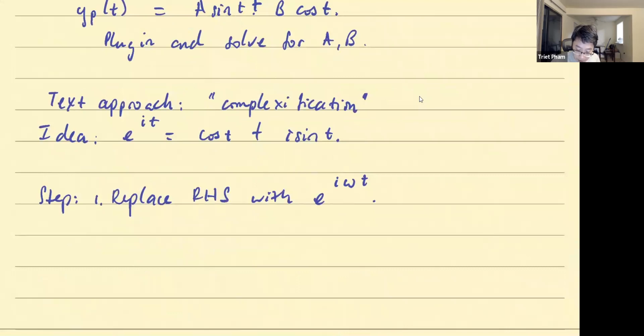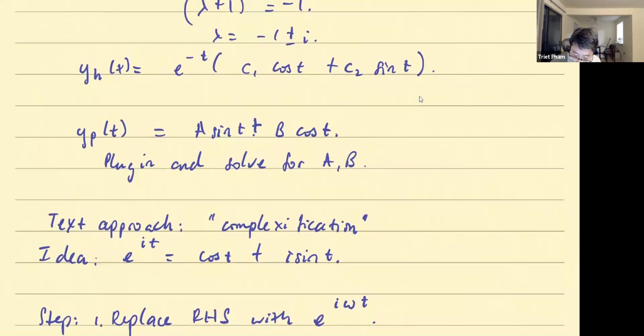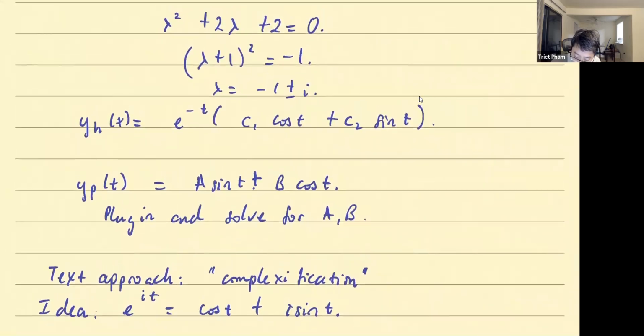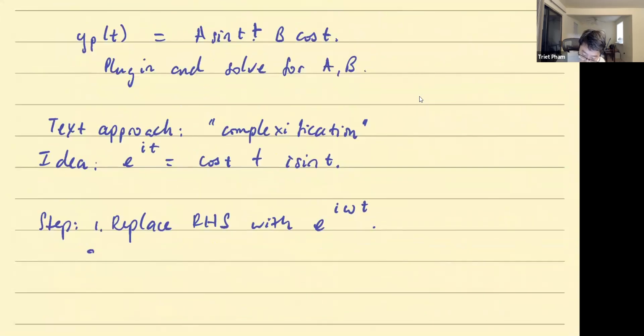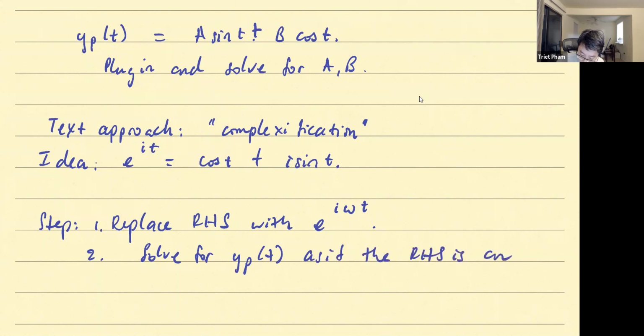Of course, in this case omega equals 1, so it's just e to the i t. And then to solve for the yp, as if the right-hand side is an exponential forcing function.